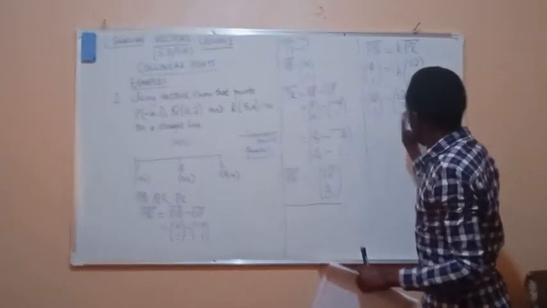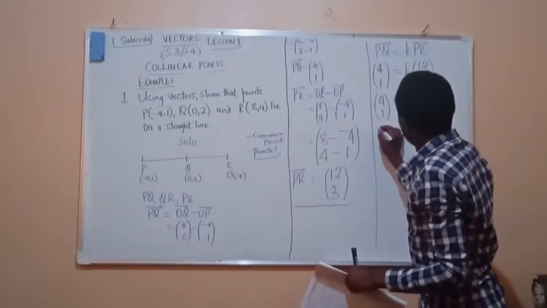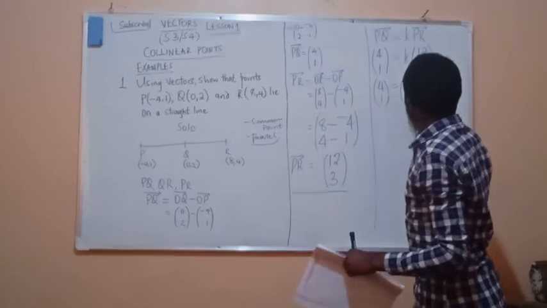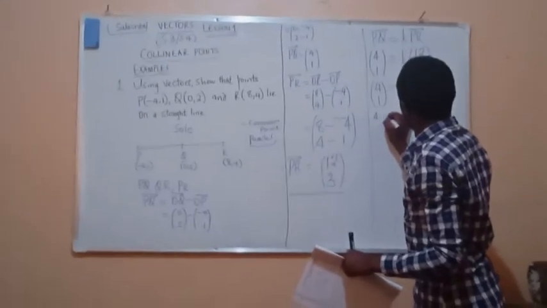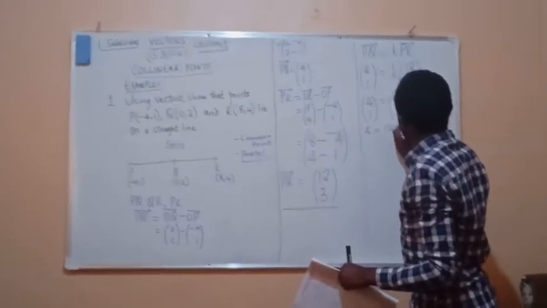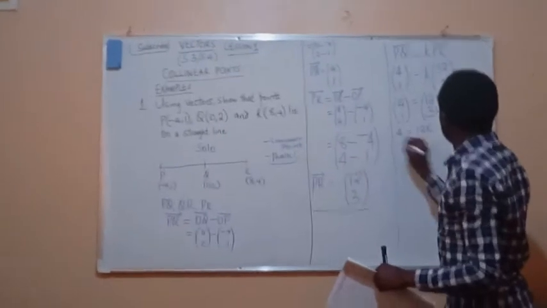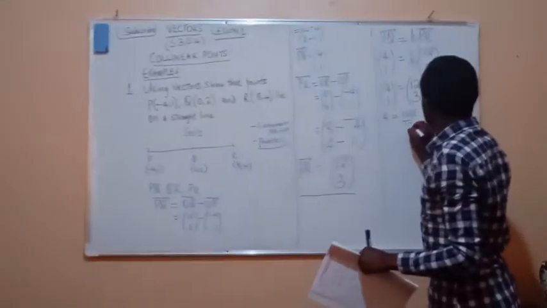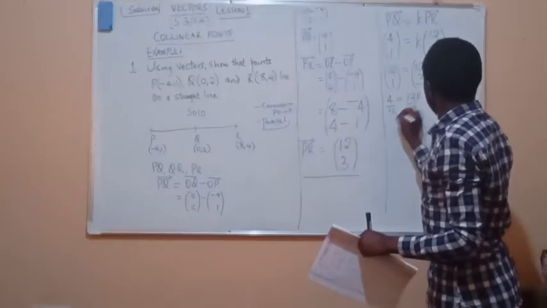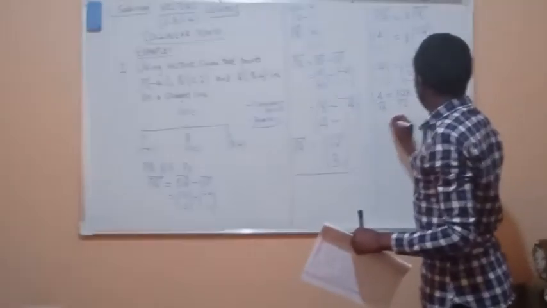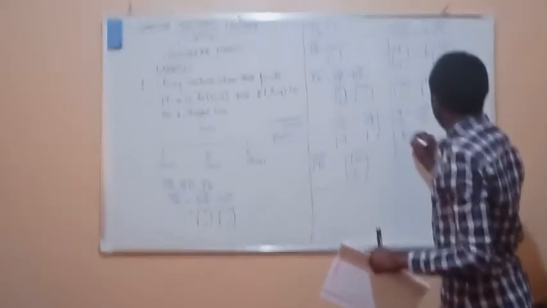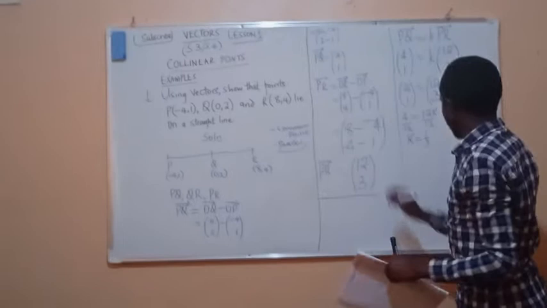Now, to solve for them, for this one, you can easily see that 4 is equal to 12k. When you divide through by 12 both sides, that component will give you k as a third.